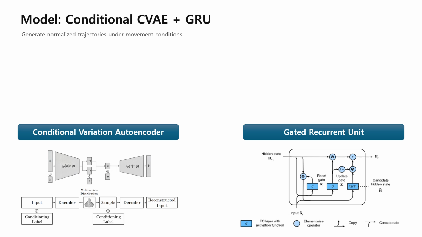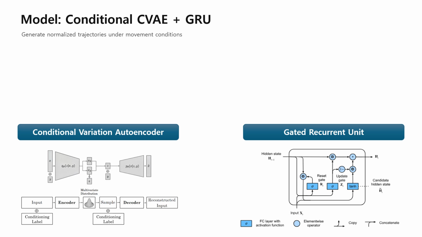So our model is a conditional VAE, CVAE, combined with the GRU. It takes the movement condition, distance A, target width W, difficulty ID, and duration, and generates normalized trajectories.